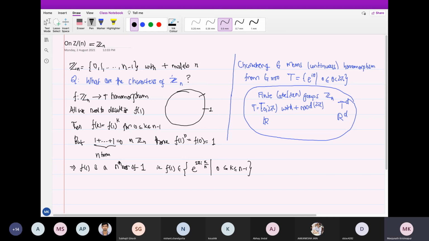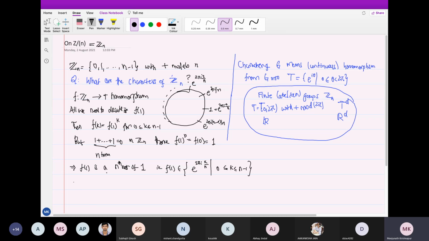Right, so e to the 2 pi i by n, e to the 2 pi i times 2 by n, and so on up to e to the 2 pi i times n minus 1 by n. These are equispaced points, and 1 itself is a root, of course, e to the 2 pi i 0 by n. So these are all the nth roots of 1, and F of 1 has to be one of them. But in fact, we get one for each of them actually. So that is also clear.